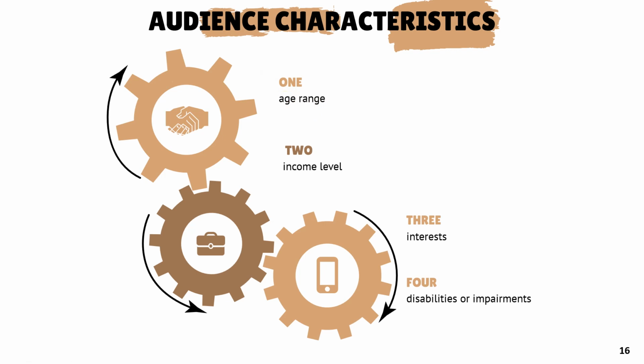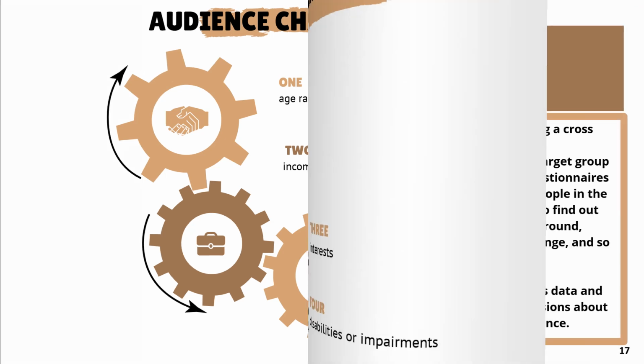You want to present your ideas to people that can comprehend the information you're passing out. Two is the income level, which is very important and we're going to talk about it as well. Three is the interest, and four, disabilities or impairment. So let's talk about it in detail.